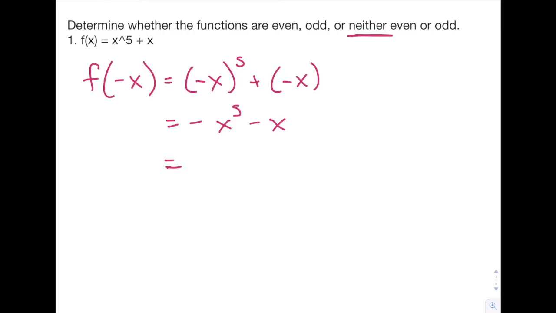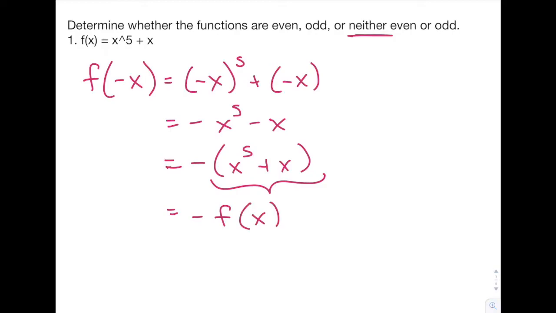And if we factor a negative out of the entire expression, we'll have negative, x to the fifth plus x, and this is our original function. So we could just say equals negative f of x. So this shows us that f of x is odd, since it clearly satisfies the condition that f of negative x equals negative f of x.